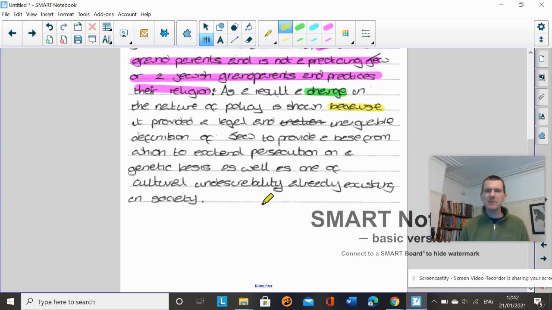So it's a legal basis now, an unarguable definition of a Jew, provided a base from which to extend persecution on a genetic basis. I would say a scientific basis, but anyway, pseudo-scientific basis, as well as one of cultural undesirability. So they're saying this marks a real change because it's moving from just I don't like Jews to I can prove you're a Jew and I'm going to persecute you because of it.